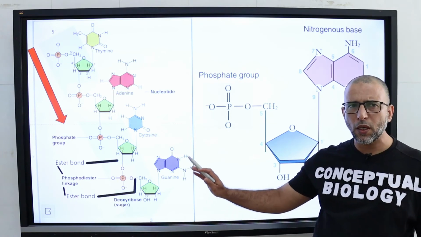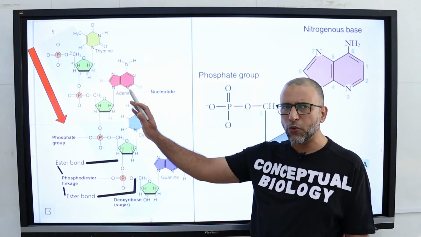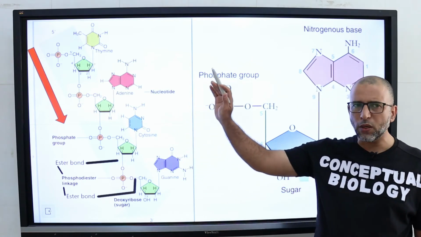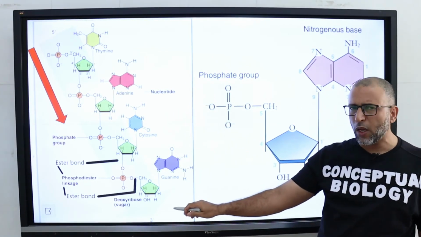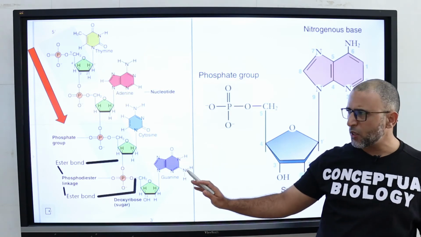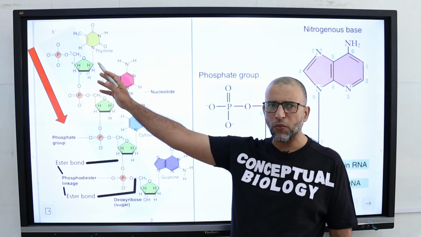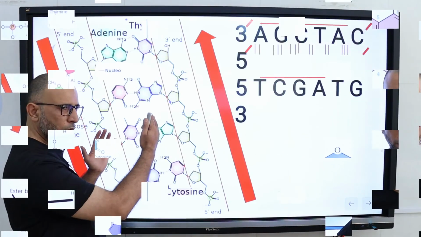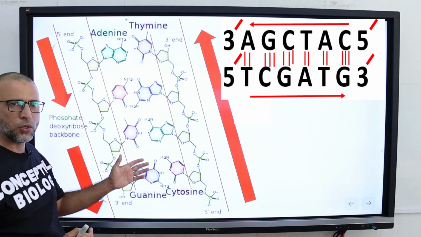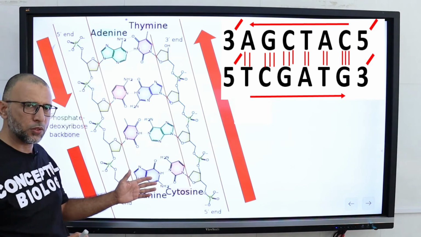The polarity or directionality of a polynucleotide chain has 5' at the top and 3' at the bottom. So, each polynucleotide chain is directional and it is directed from 5' to 3'. The two strands interact through non-covalent hydrogen bonding between the bases.